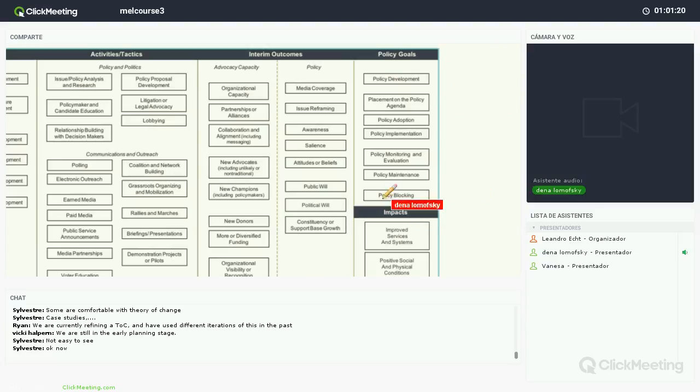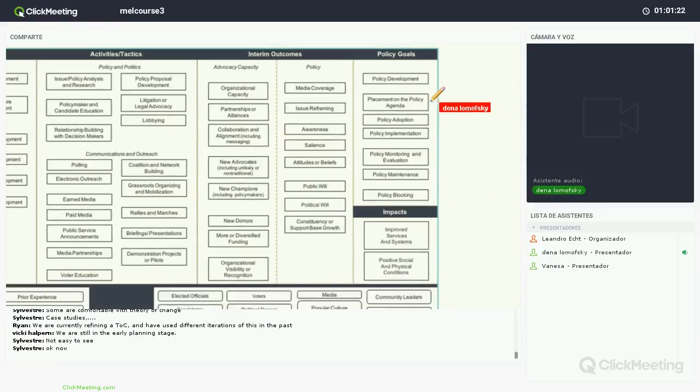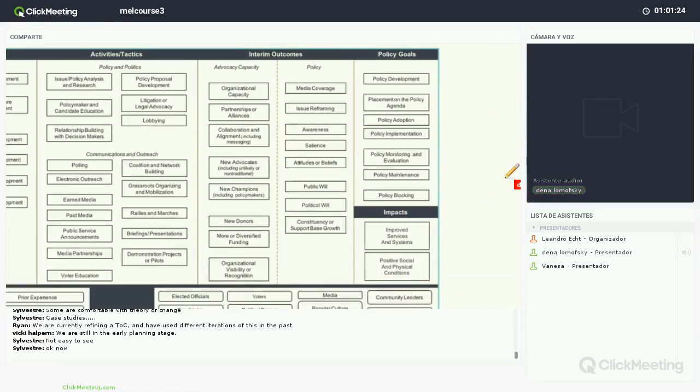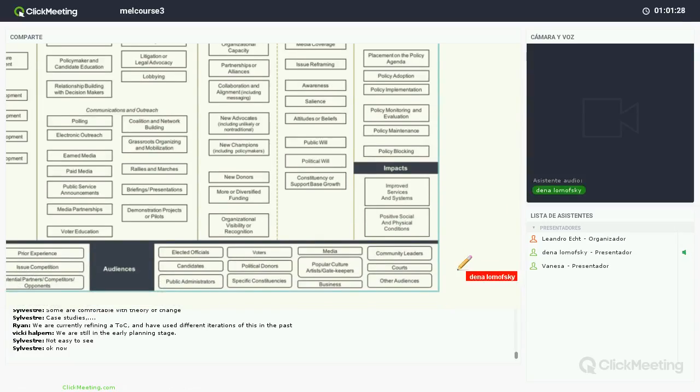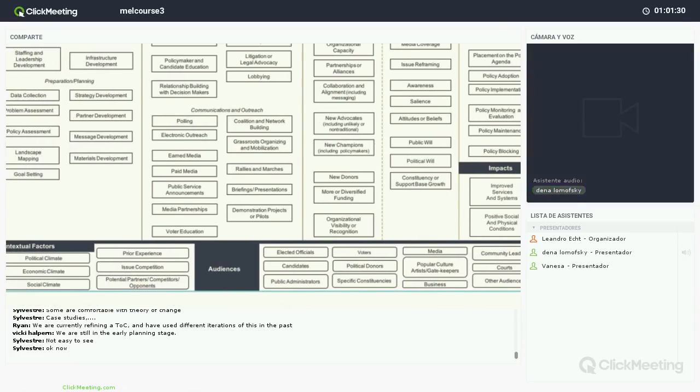And then the ultimate policy goals that you want to achieve: policy development, placement on the policy agenda, and so on. So have a look at this, and you can Google it as well, and you'll find a very nice short document that explains how to use it, and that can give you some tools.